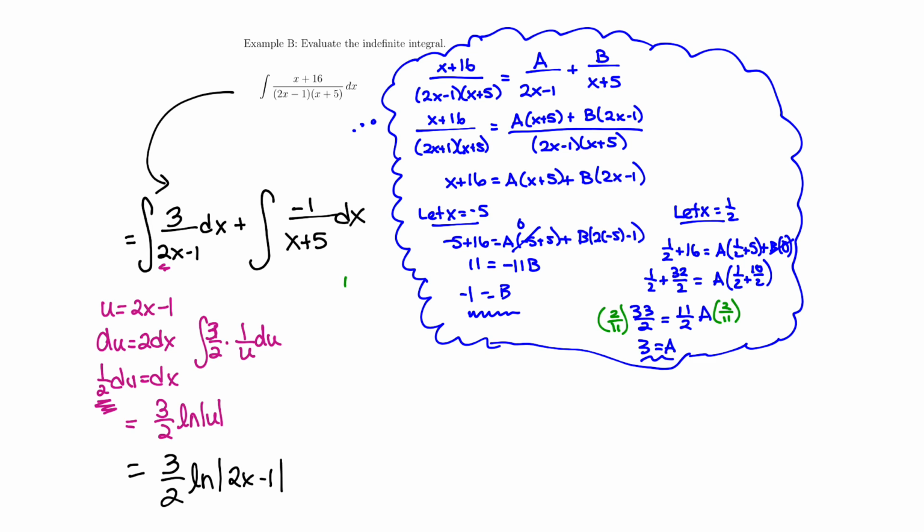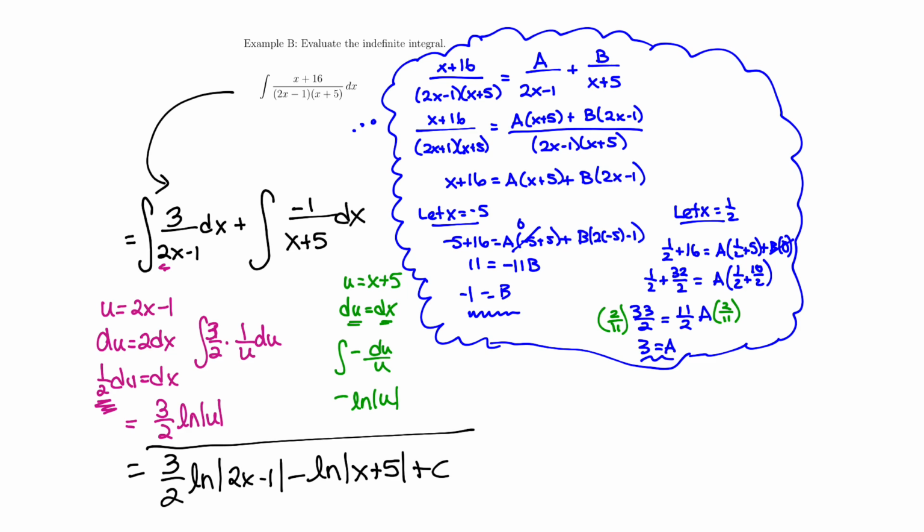The second one, again, you're going to get so good, you're going to just do these u subs in your head, but you notice du is just dx. This is just minus du over u, which is just minus the natural log of the absolute value of u on the second one. So you guys are getting minus the natural log of x plus 5 plus c.